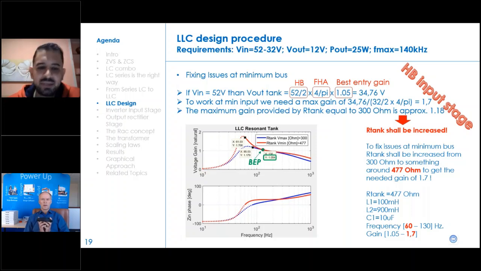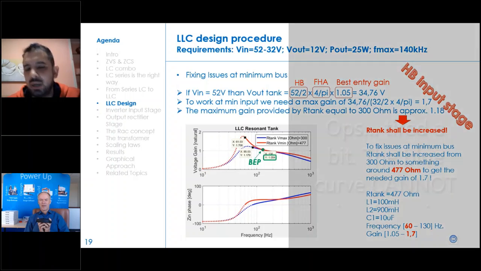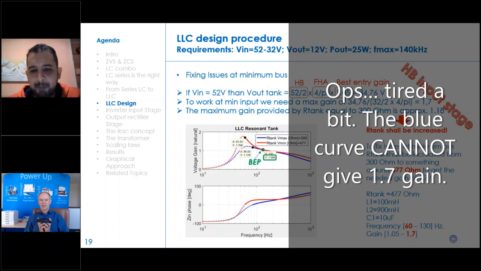But we have seen before that our 300 ohm tank resistor, see the blue graph on the top, cannot give 1.7. I mean, it's able to give 1.7, but you are not able to assure 0 voltage switching.